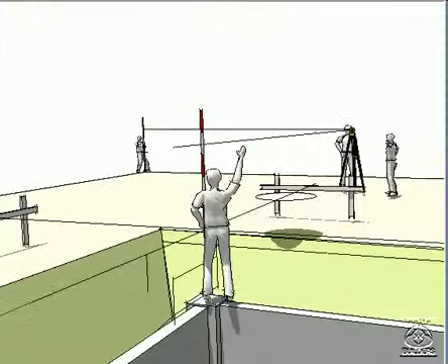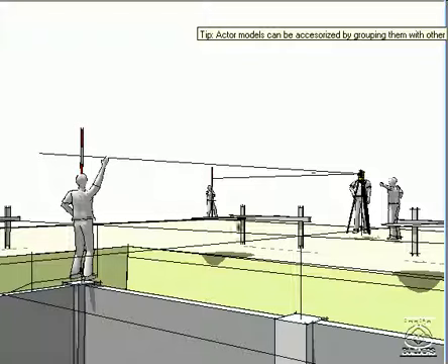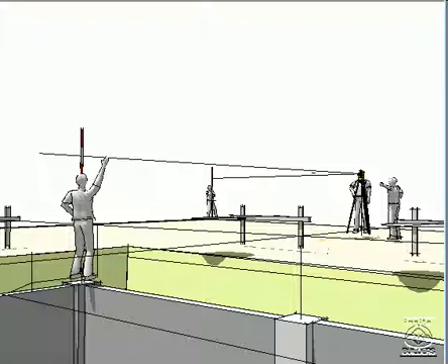For example, say the survey gives the sea level elevation of the reference point over here at 34 feet. And say the main floor level for the building is given on the design drawings at 35 feet 6 inches. That means the finished floor level of the main floor would be 18 inches higher than the reference point.